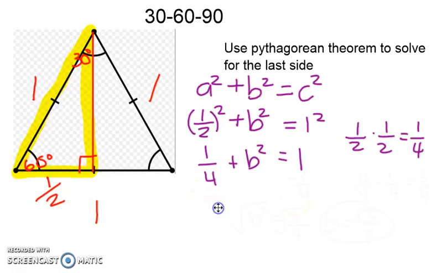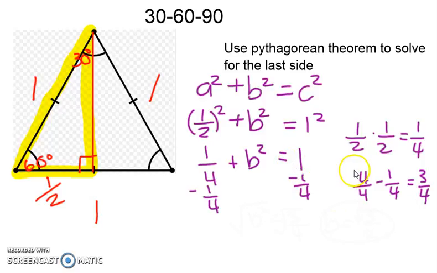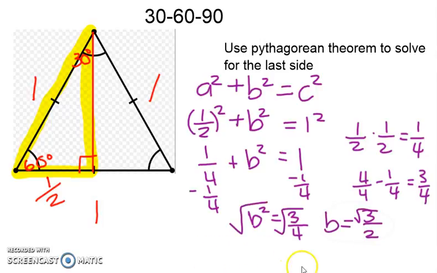So if I keep going through solving, I'm going to subtract 1/4 from both sides. I've also shown the work for this over here by converting this 1 into fourths, which is 4/4, and then if I take away 1/4, then I'm left with 3/4. So b squared is equal to 3/4, and then finally when we square root that, we get the square root of 3 over 2.